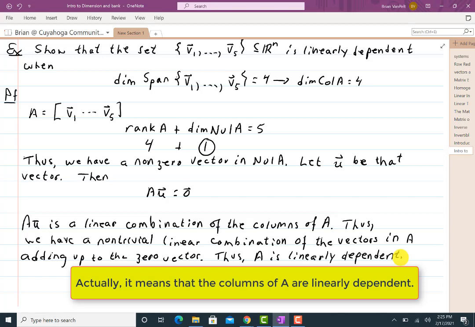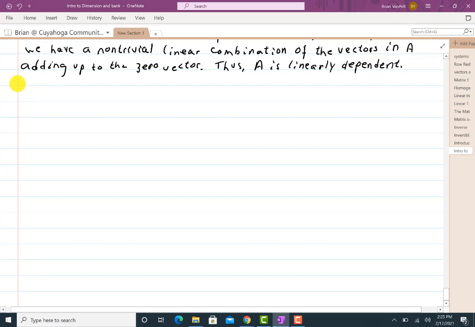Now, you probably remember our massive theorem involving inverses. Well, I'm going to increase the length of that theorem. So this is the invertible matrix theorem continued. And once again, we're going to say let A be an n by n matrix.